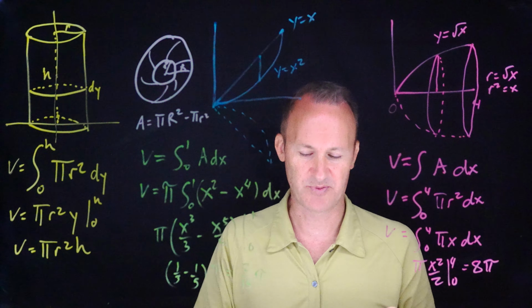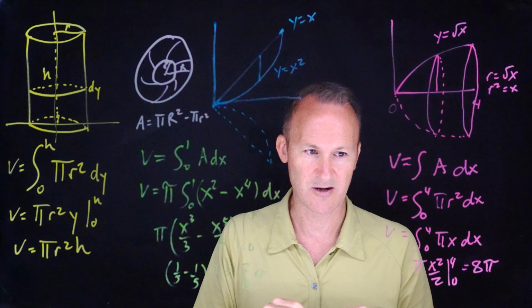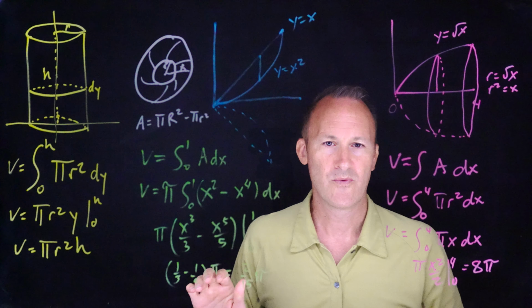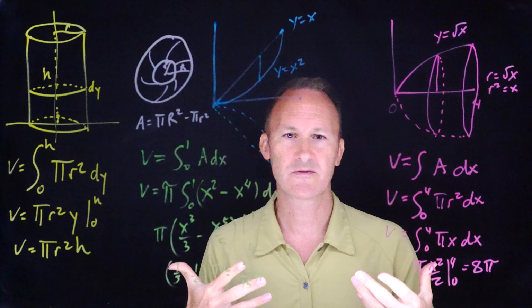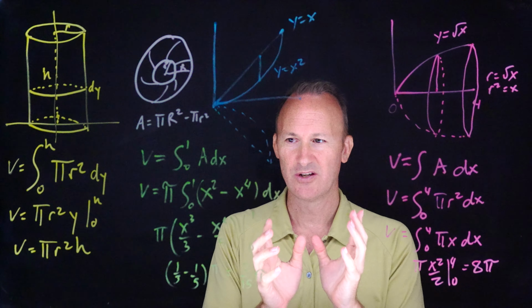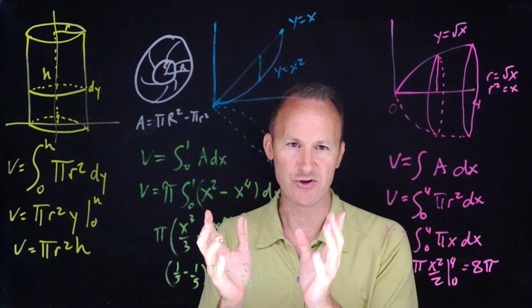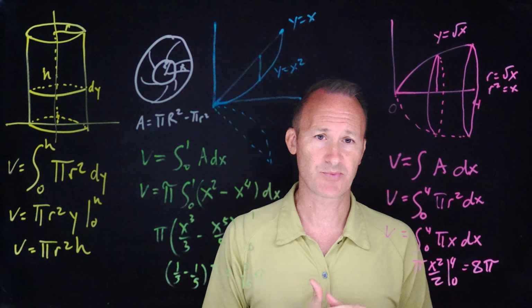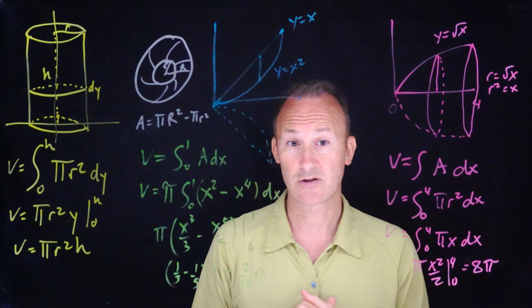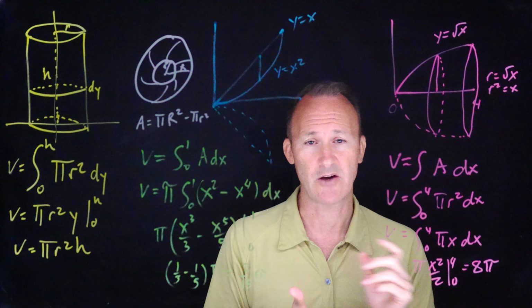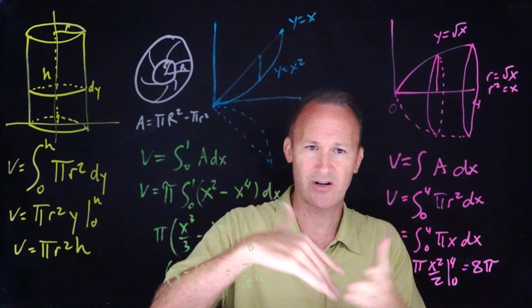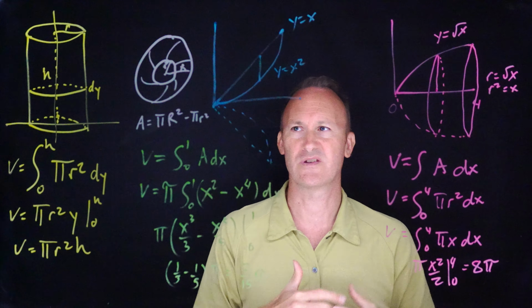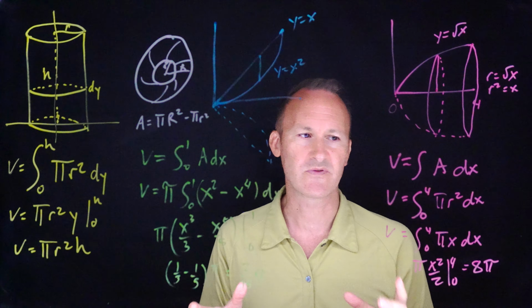Now, let me just put this into some context here. Calculus allows you to find the volume of anything. Okay, so this is pretty tremendous. Just like with area, calculus allows us to find areas of all kinds of interesting curves, and the same thing with volume.